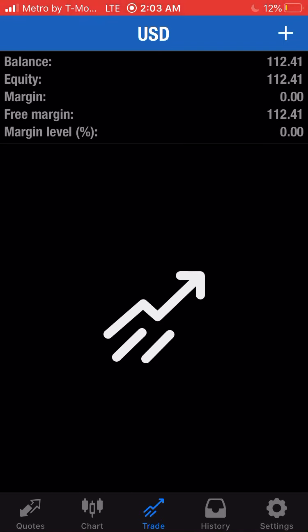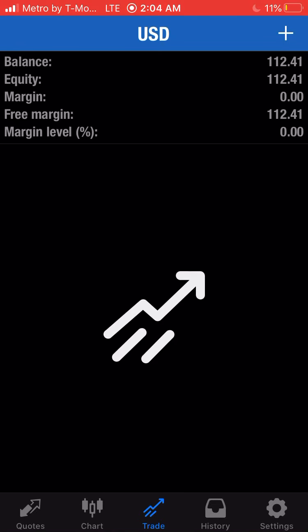Whether you're red or blue, your equity is your balance together with the trade you're entering. So for example, if I am down $1, then my equity would be $111 with 41 cents, right? So my balance is what I am at right now, and my equity is what I am at after I enter a trade.